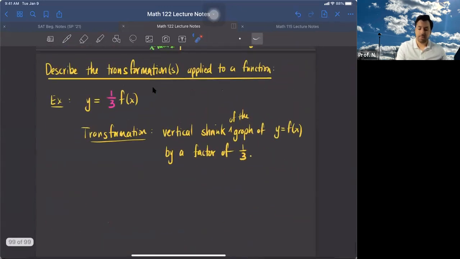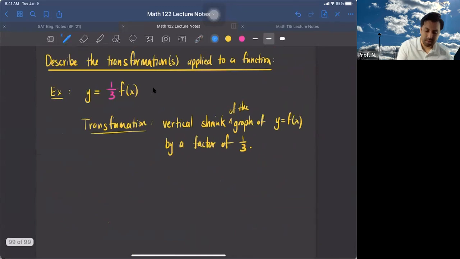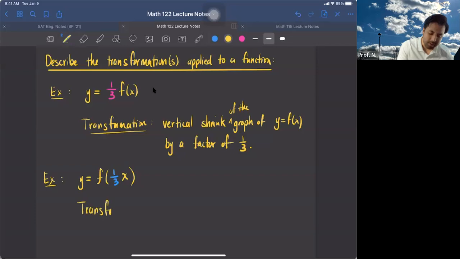So for example, look at this. What if I have y equals f of, and instead of 1/3 outside, I have it inside? What's my transformation here? It's like reversing them with one another.